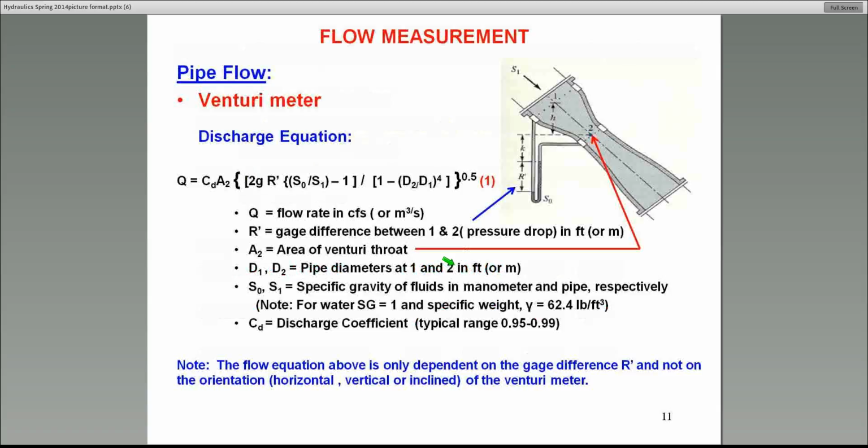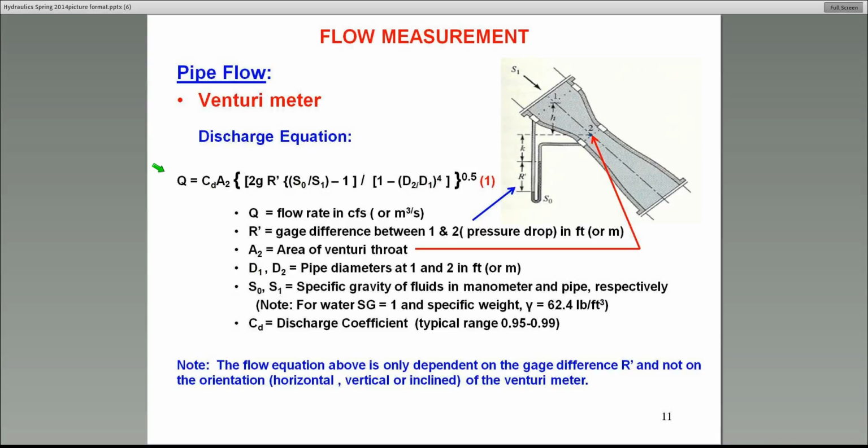I just included two small topics in here because I was told you might get some problems involving flow measurement in pipes. Typically, these are the devices we use, called venturi meters, and another one called the orifice meter. Typically, what you need in order to calculate the discharge using these instruments is a rating curve. I call it a rating curve, but essentially it's a mathematical equation to calculate the flow rate in the pipe.